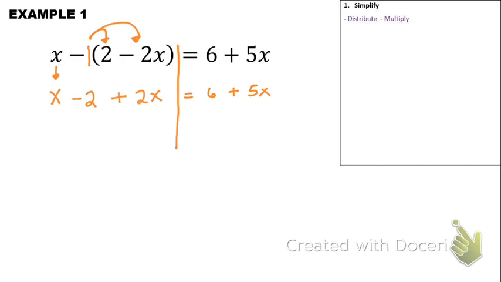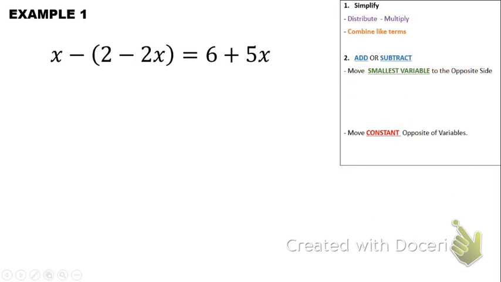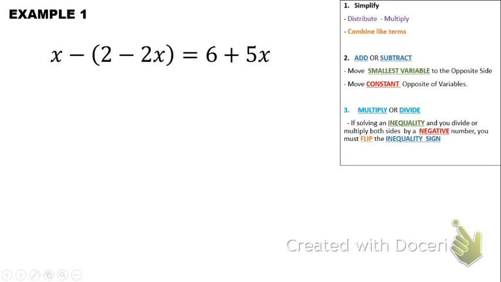The next item that we need to do is combine like terms. So again, we distributed, we had negative 2 plus 2x equals 6 plus 5x. And remember, a negative times a negative is a positive, so that's why that sign changed.